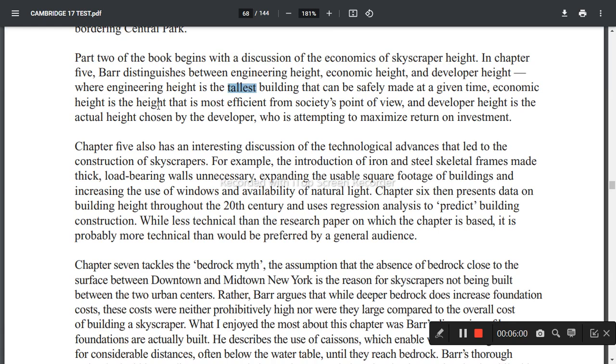Economic height is the height that is most efficient from the society's point of view, and developer height is the actual height chosen by the developer who is attempting to maximize return on investment.